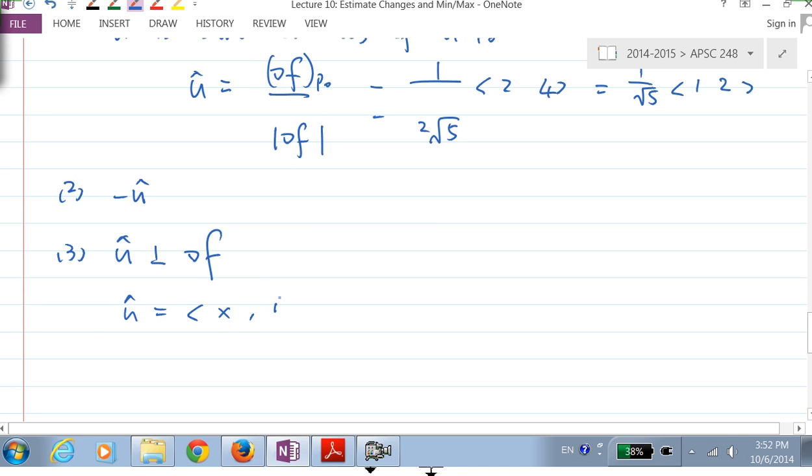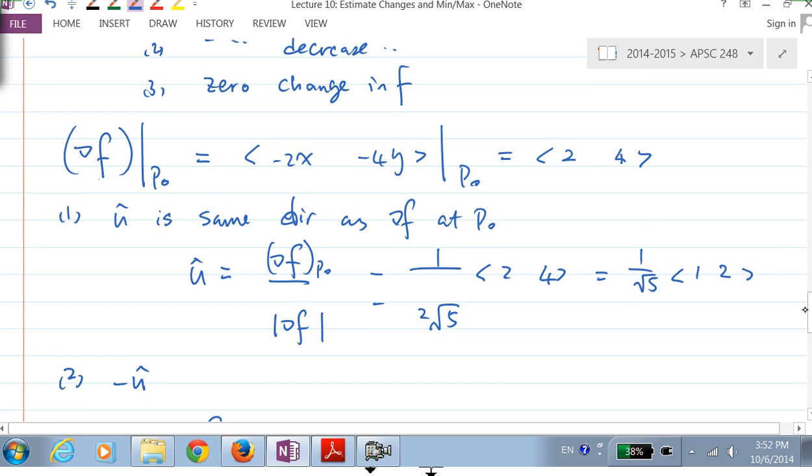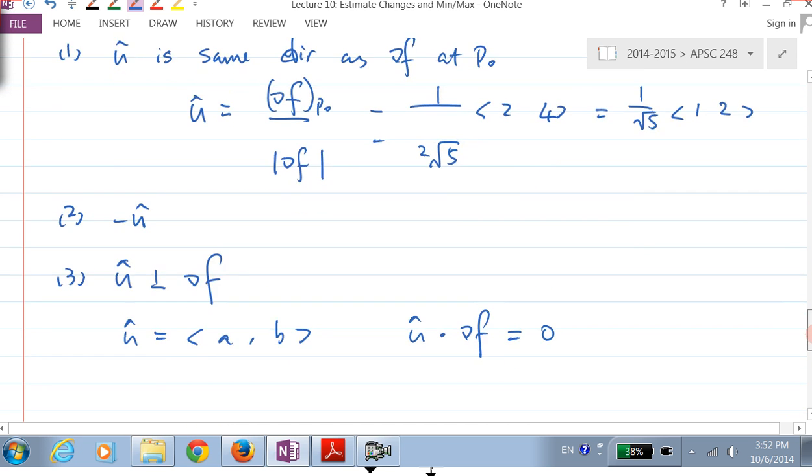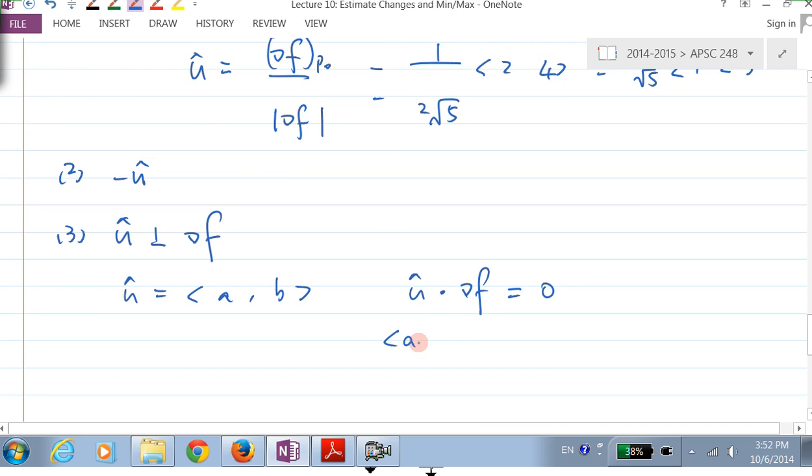I'm not sure what u hat is, so let's define u hat as (a, b). If u hat is perpendicular to del f, then u hat dot del f equals 0. We have del f, that's (2, 4). So (a, b) dot (2, 4) equals 0, or in other words, 2a plus 4b equals 0.